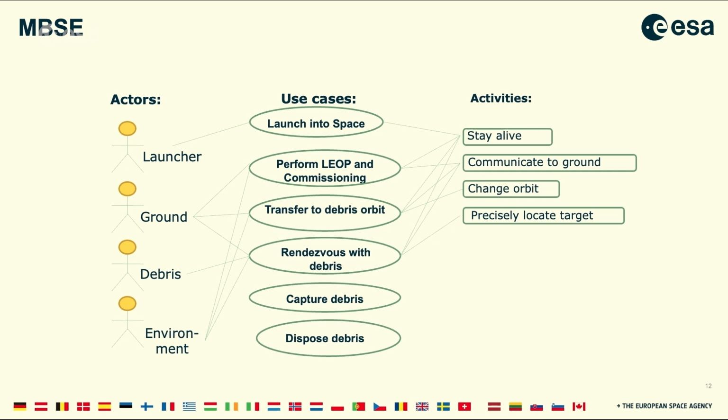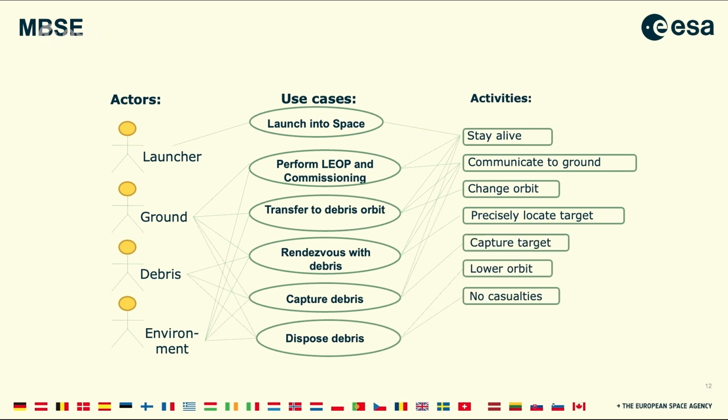For example, when I get close to the space debris, the rendezvous with the debris, I need to precisely locate the target. So I need to know the position of the target, the debris. So the debris is an actor. The environment will still be an actor, and I will still be communicating with ground. So ground will also be an actor. When I catch the debris, I have to capture it. When I dispose the debris, I have to lower the orbit.